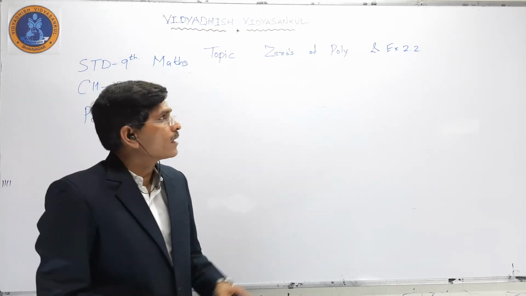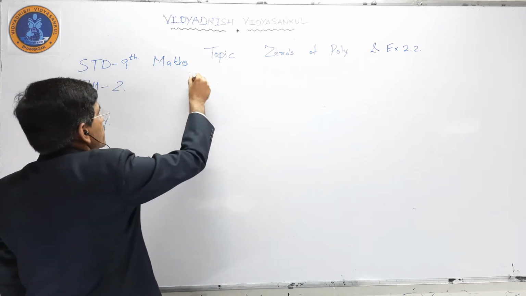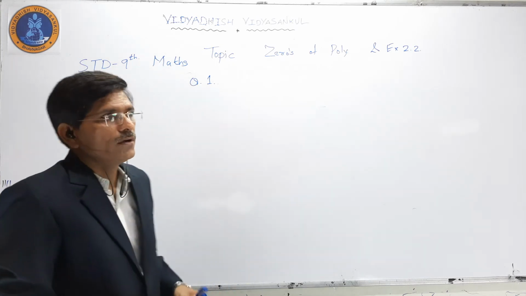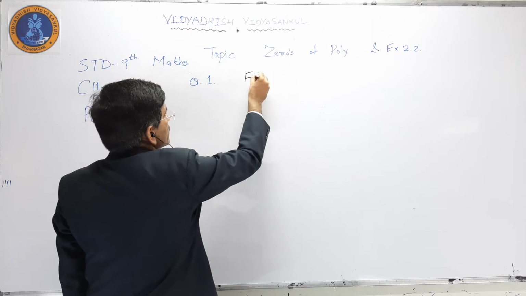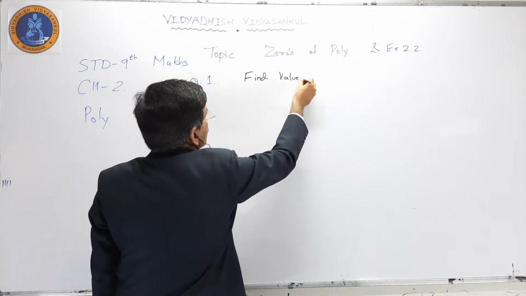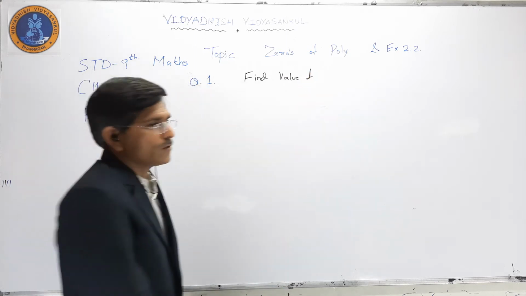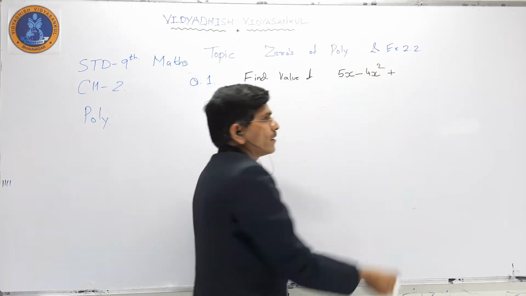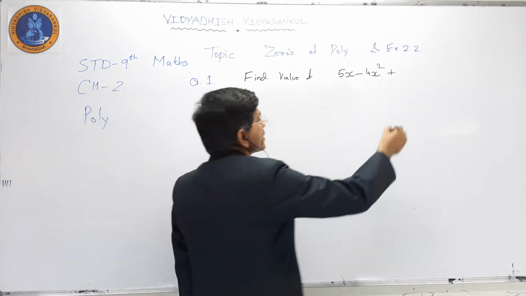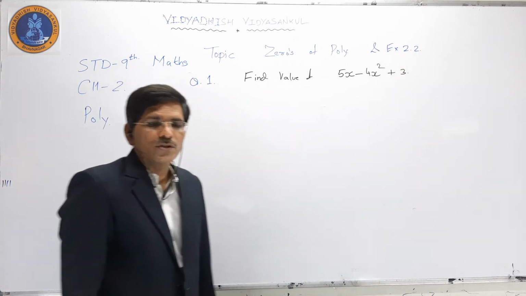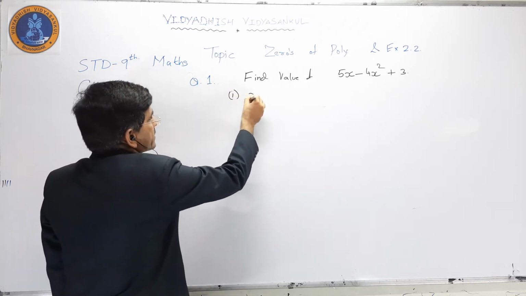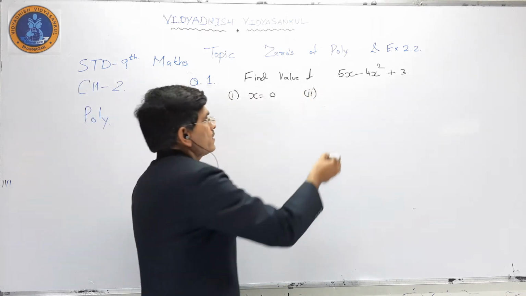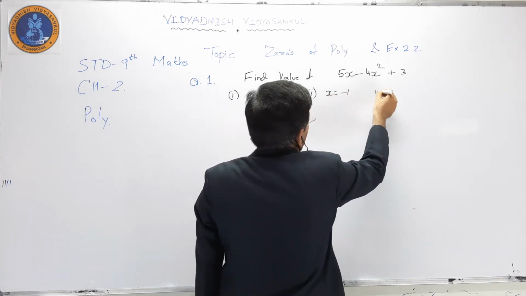Now exercise 2.2, question number 1. The question is: find the value of the polynomial 5x minus 4x square plus 3 at x is equal to 0, x is equal to minus 1, and x is equal to 2.